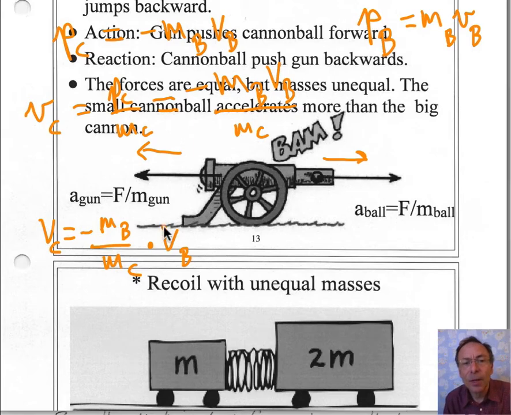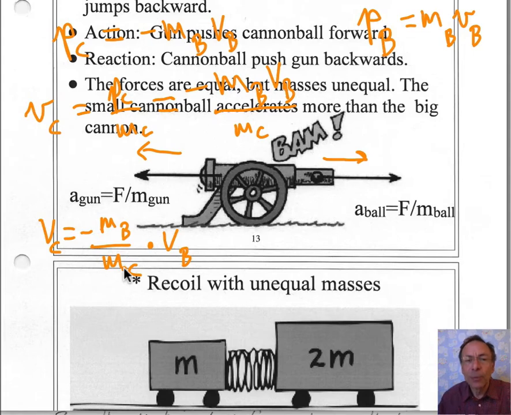The velocity of the cannonball was probably pretty high, but the ratio of the mass of the ball to the mass of the cannon is really small. So yes, the cannon will be moving to the left, but it's going to be a small amount of motion because this ratio is so small. Okay, I hope this helps.